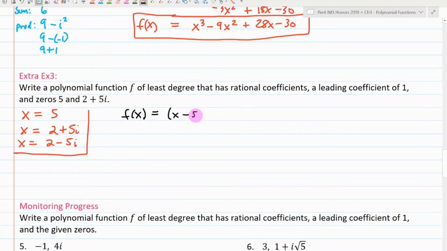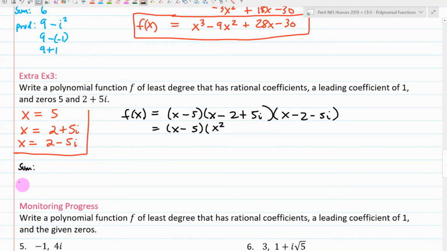x minus all of those. So this is x minus 5. This is x squared. And then we're going to do sum and product over here. The sum is 4. The imaginaries cancel out, so minus 4x.